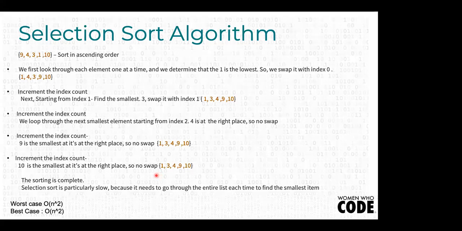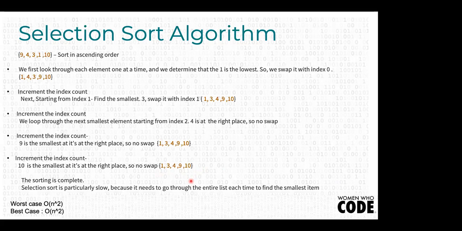And it's slow. The reason is that every time it has to go through the entire list to find the smallest item. Here this is a really small array, so it's not a big deal. But let's imagine a very large array, and for every index counter, it's going to look for the smallest element.